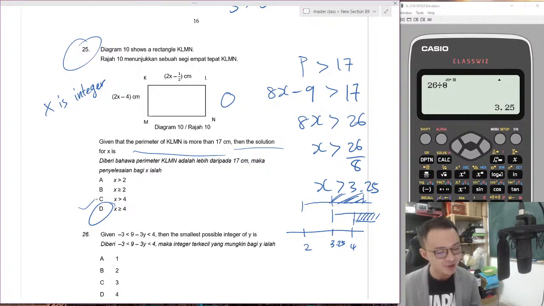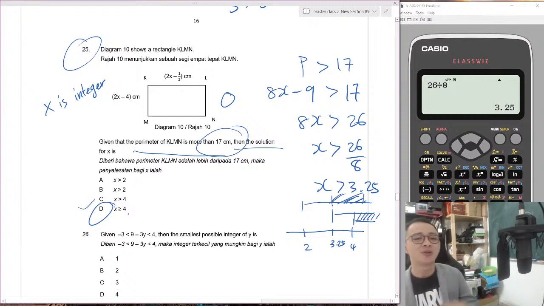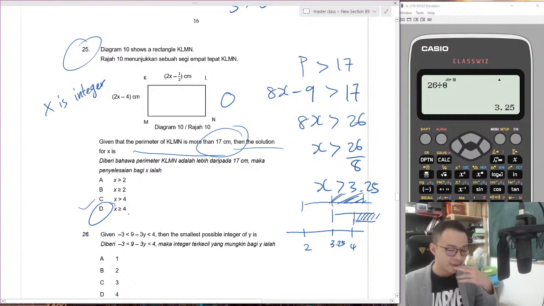Because they want to make sure the parameter is bigger than 17, right? So if I say x is bigger or equals to 2, maybe I still have a chance to get less than 17. Let's say x equals to 3, see what happened.